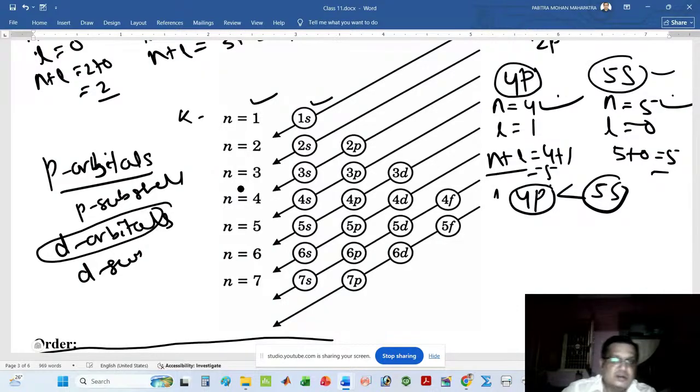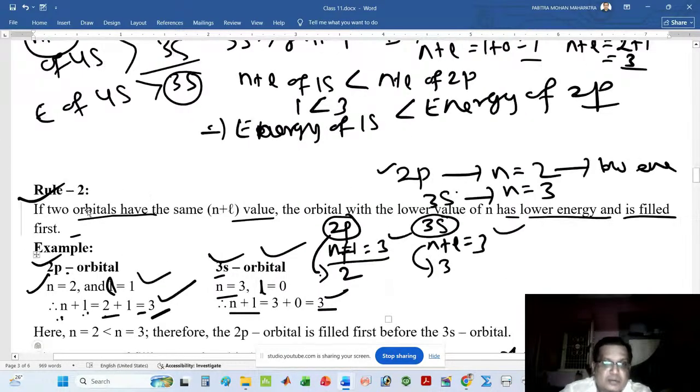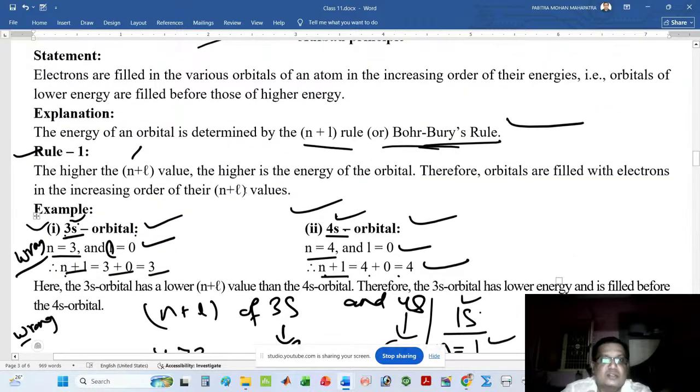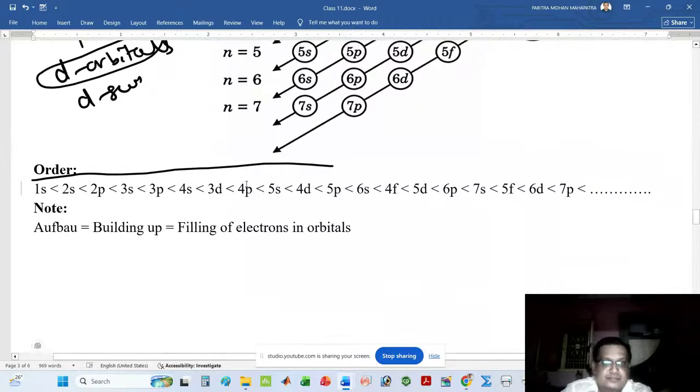Here I have written the subshells, though the principle is stated for the orbital. Here orbitals is written, but it clearly indicates the subshell. Think about the subshell. Clear? If you apply the above principle to each subshell, then you will find this order.